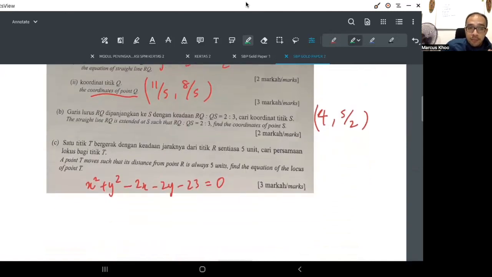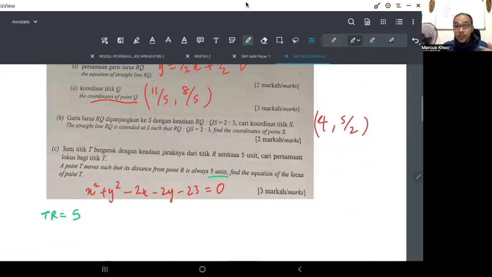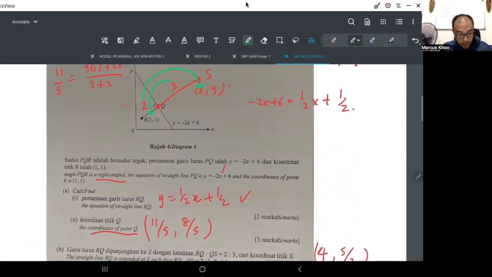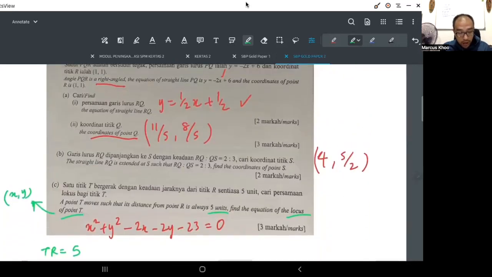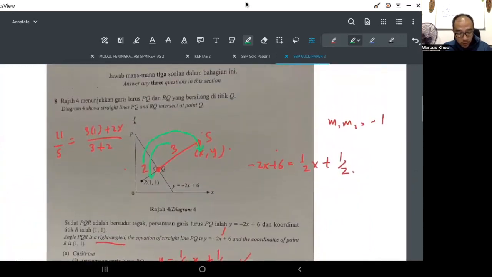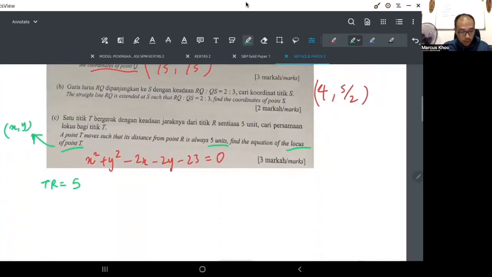Next, a point T moves such that its distance from point R is always 5 units. So that means TR equals 5 units. Find the equation of the locus of point T. Since this is a locus, it is not a fixed point, so we will have to give it X and Y. We know the coordinate of R is (1, 1), so you have to use the distance formula.